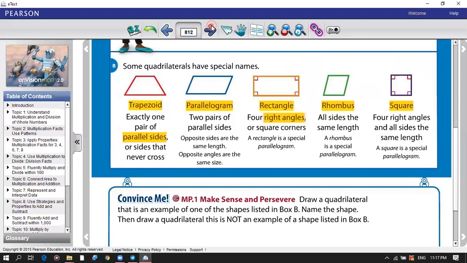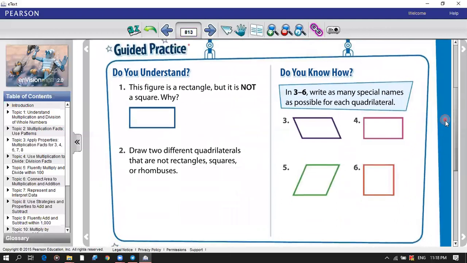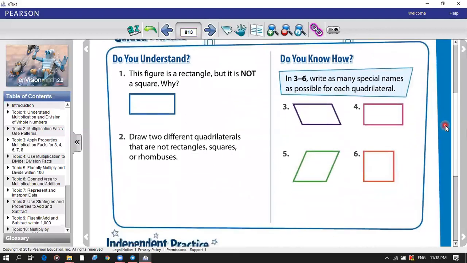Open page 813. In 3 to 6, write as many special names as possible for each quadrilateral. Question 3. In this shape here, these two sides are parallel and the other two sides are also parallel.